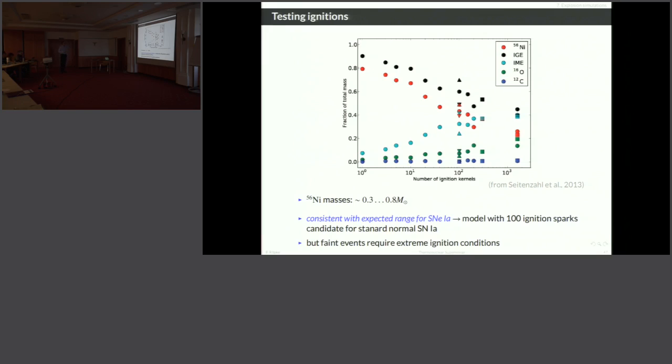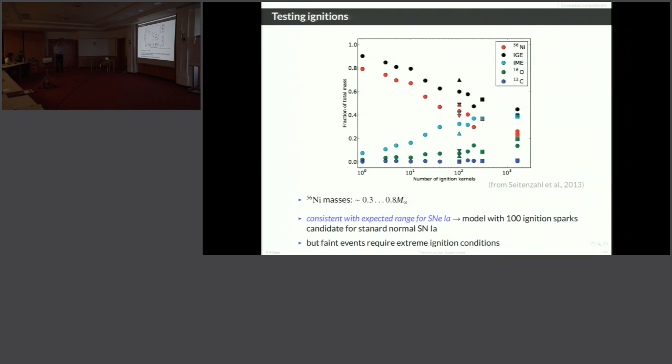And what you see here is that the more ignition kernels you have in the deflagration, the stronger is the deflagration and the weaker is the detonation, and therefore the overall production of nickel-56, shown here in red, decreases. So you get nickel-56 masses between 0.3 and 0.8 solar masses. This is consistent with the expected range of brightnesses of normal type 1a supernovae.